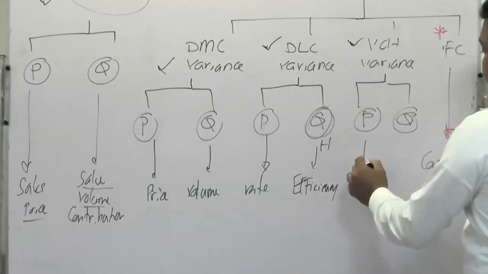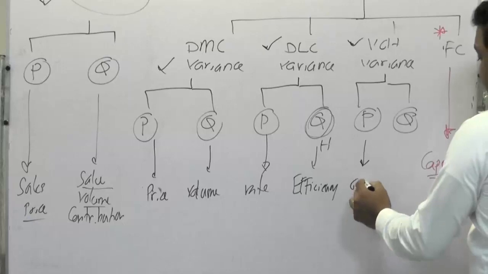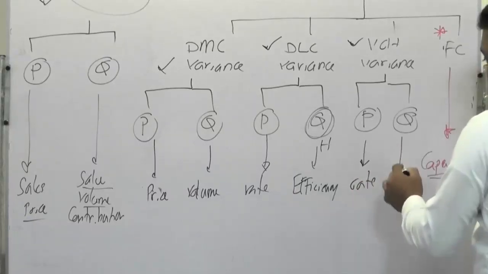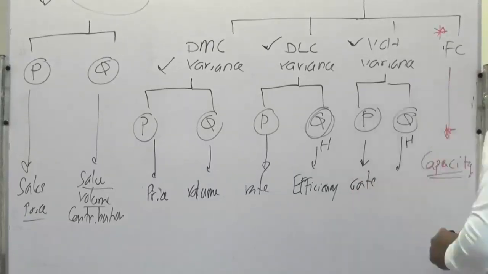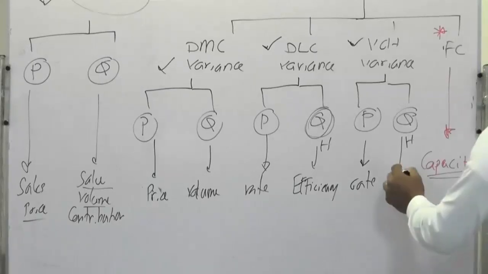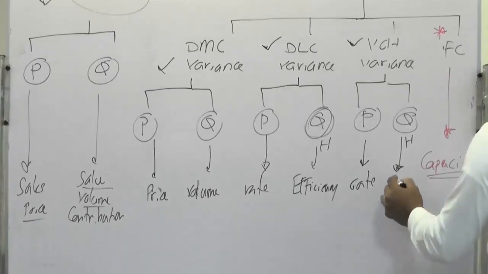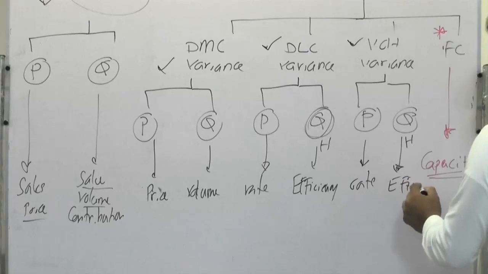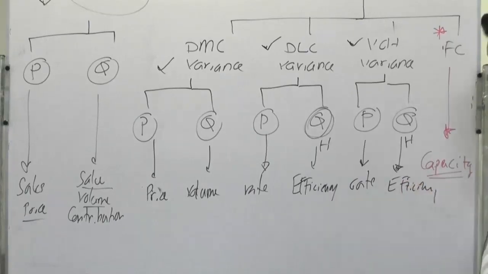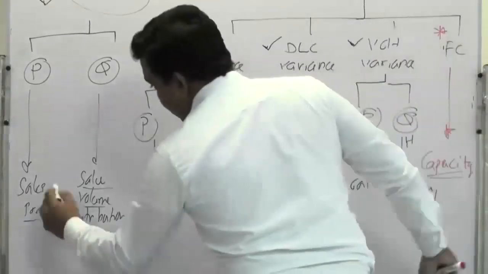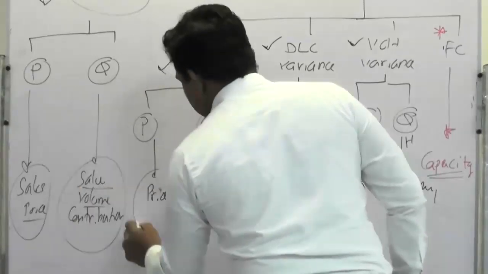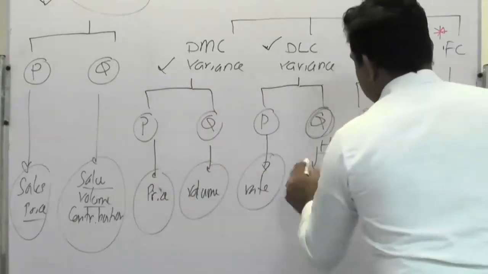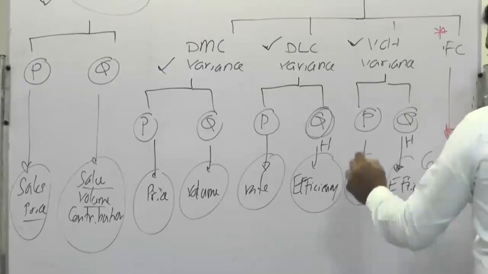When it comes to the overhead, again price is taken as rate. Generally overhead is considered on hours, quantity is considered on hours, therefore it is taken as efficiency, right? Therefore, all these variances are based on the same technique.